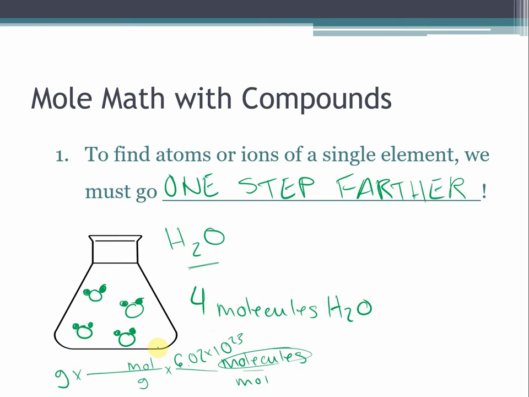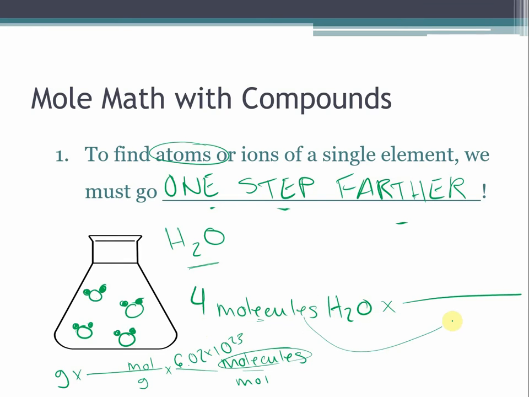If you wanted to find the number specifically of hydrogen atoms, instead of just the particle, instead of just the molecule, to find the atoms, you'll have to go 1 step farther. And it's a pretty easy step. Are you ready? You take the number of molecules that you know. We know we have 4 molecules, and you will multiply it by a fraction.